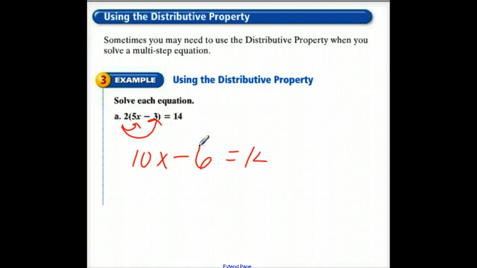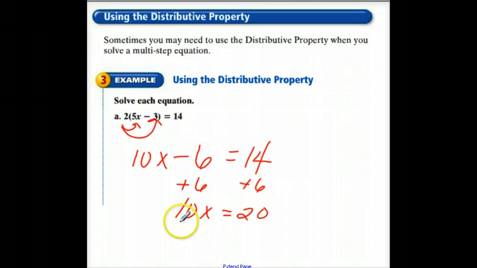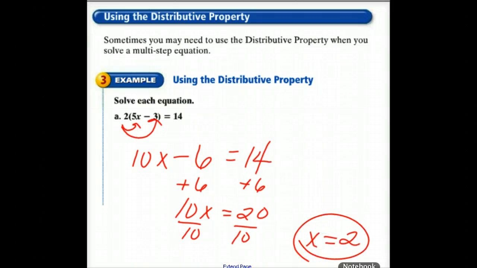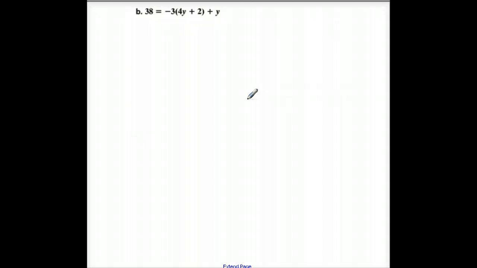Then I write the rest of my equation, equals 14. Now again, we have a two-step equation. I'm going to add 6 to both sides. I get 10x equals 20. Divide by 10. Notice I'm showing all my work. X equals 2.